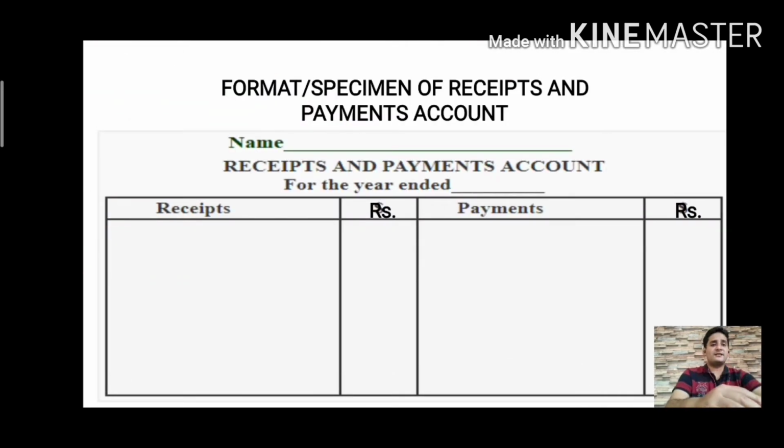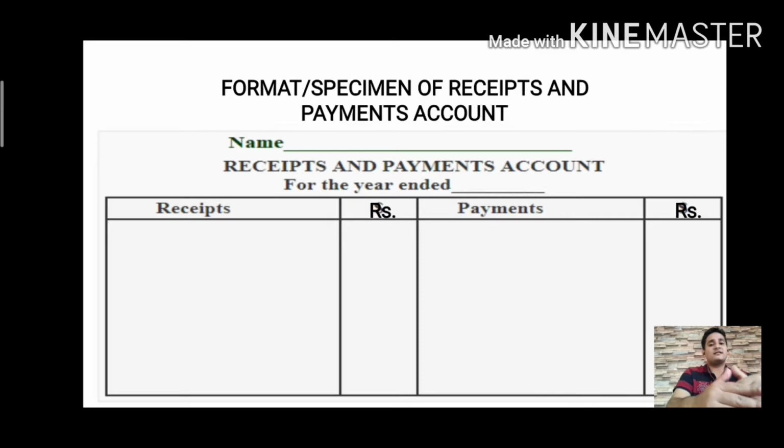This is the format or specimen of the receipts and payments account. At the top, you have to write the name of the club or charitable institution. Then you have to write receipts and payments account, and the year. Remember that the receipts and payments account is prepared on the last date of the accounting year.